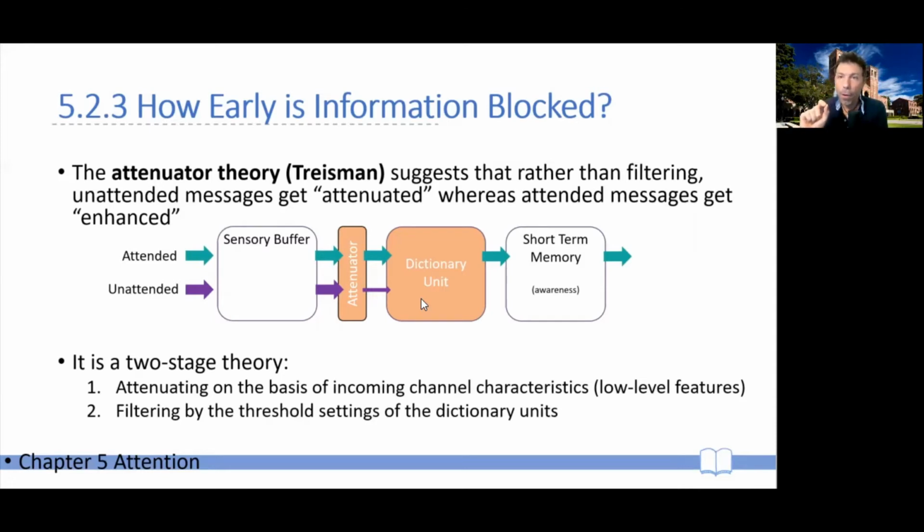So it has a very low threshold for being recognized. And so even though it got attenuated, I will still recognize that somebody said my name, and so I'll turn around and I'll get interested in what is being said behind me.